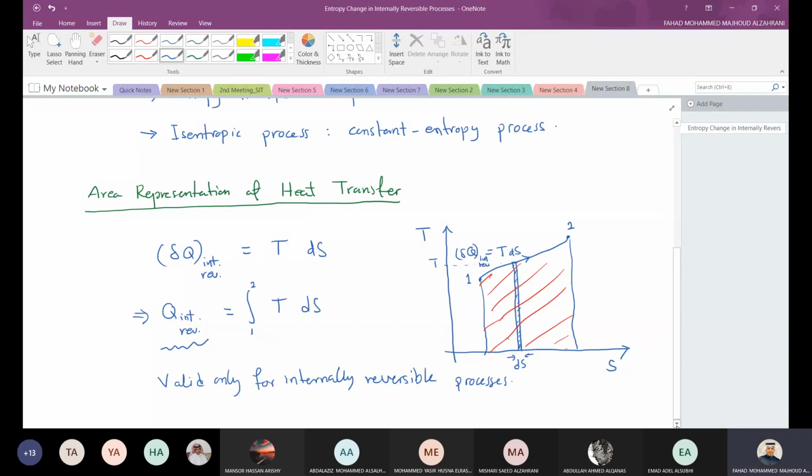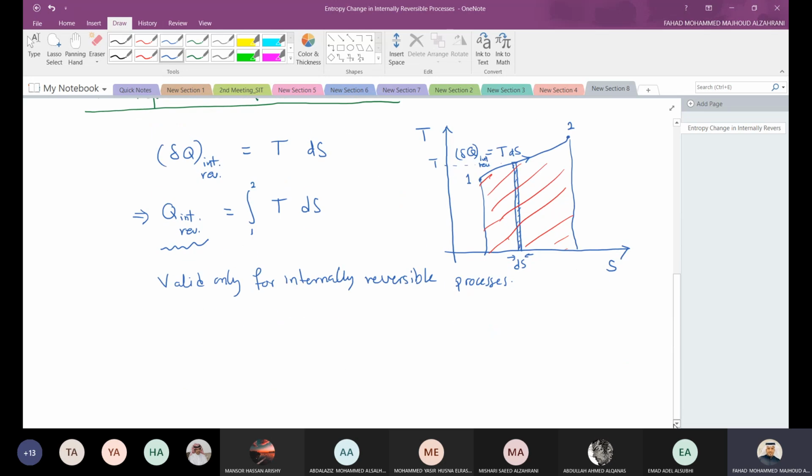Let's look at an example for this definition of the heat transfer, applied to a cycle that we studied before. Do you remember the Carnot cycle, guys?